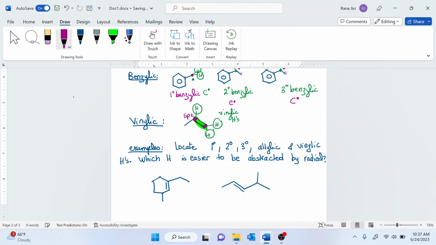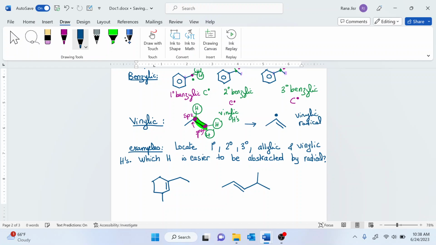So each of these carbons is an sp2 hybrid carbon. And we know that sp2 hybrid carbons, they are electronegative. So we do have a strong pull of electrons towards the carbon. So that is going to make each of these sigma bonds in there a strong sigma bond. And the reason why it's strong, because let's say, for example, if you lose these hydrogens, you are going to generate a vinylic radical.